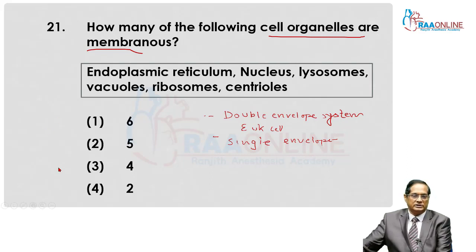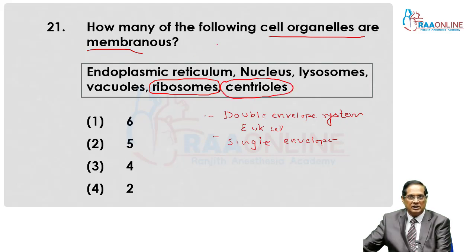But in the eukaryotic cell, there are a few structures which are not membranous. ER membranous, nucleus membranous, lysosome membranous, vacuole membranous, ribosome non-membranous. And centrioles in animal cells are also non-membranous.